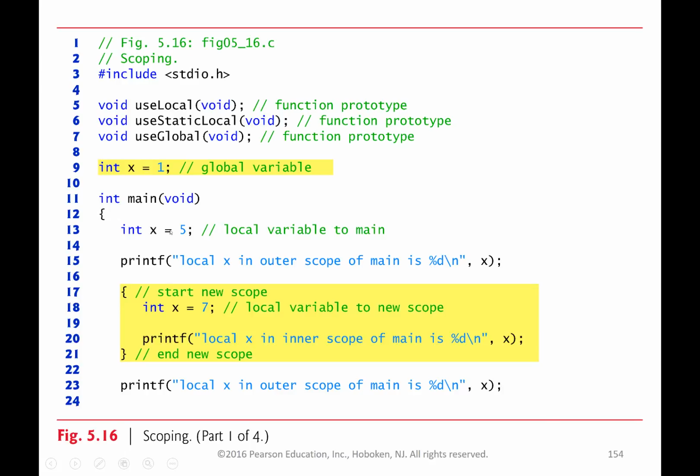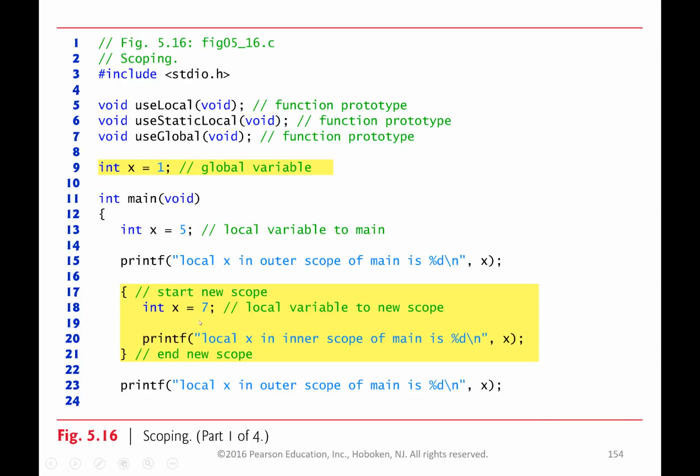So in this particular case, I've got x used 3 times. It's declared as a global variable, it's declared as a function level variable, and it's declared here as a block level variable. So within the function main, x is equal to 5.